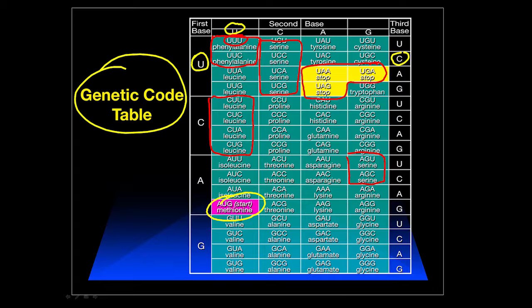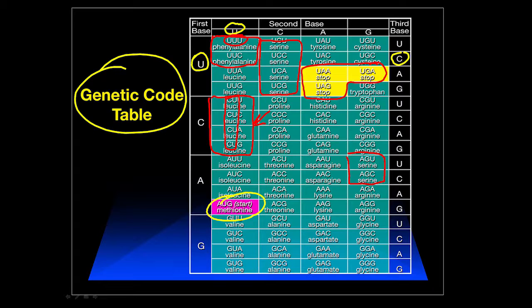Before we move on, take a look at something that may already have caught your eye. In these cases, like over here, where there are 4 codons that all mean the same amino acid, it probably didn't escape your view, but if it did, let's look. What's the same about all these? The first 2 letters are always the same.